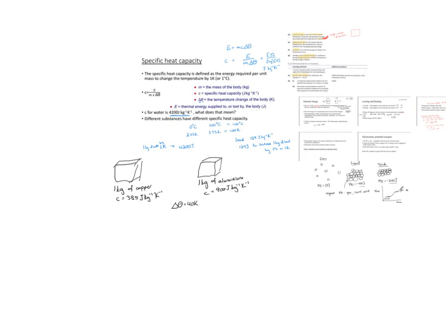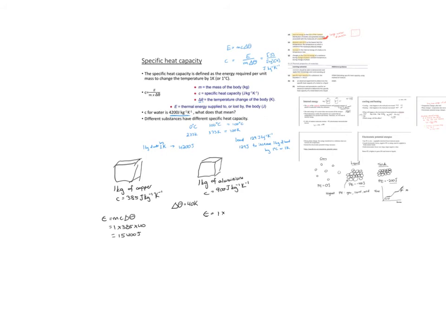Then if I calculate the energy for each one of them, it will be 1 kilogram times 385 times 40. That leaves you with about 15,400 joules. And the same thing for the same mass of the block, but to be increased by the same amount of temperature. So the only thing that they rely on both is the specific heat capacity.